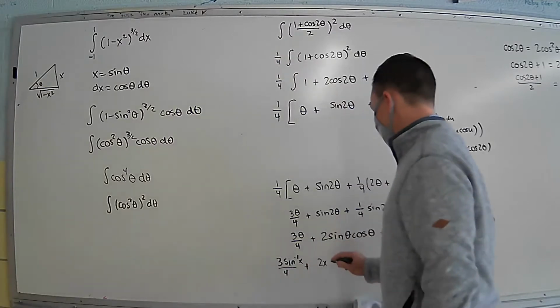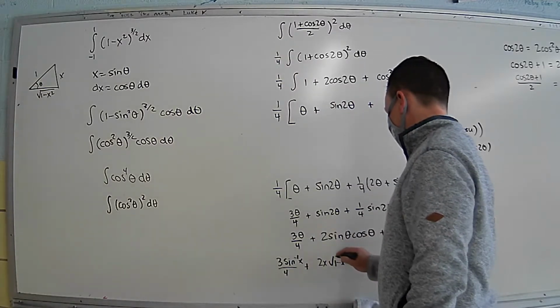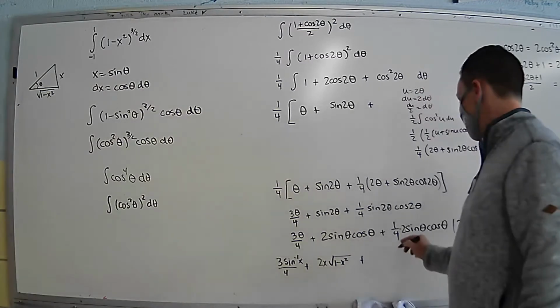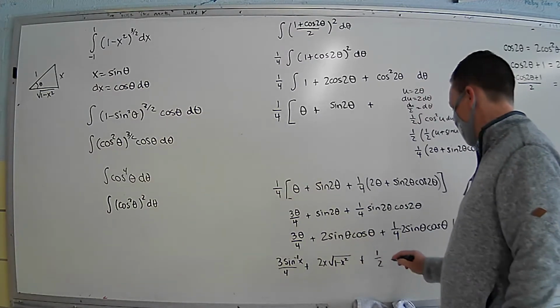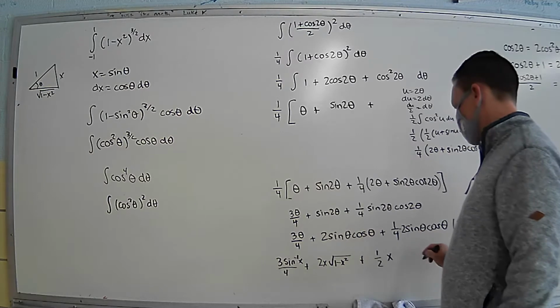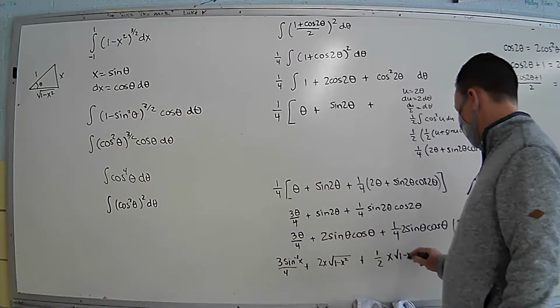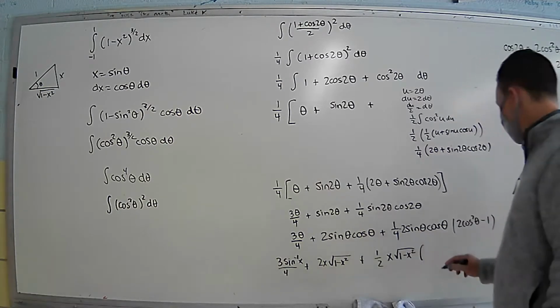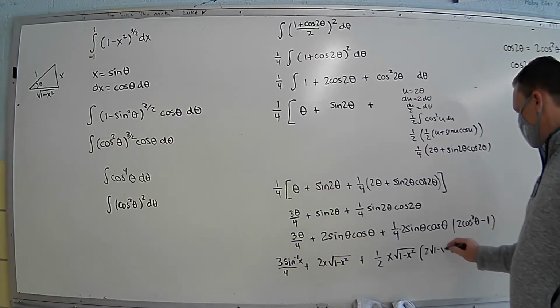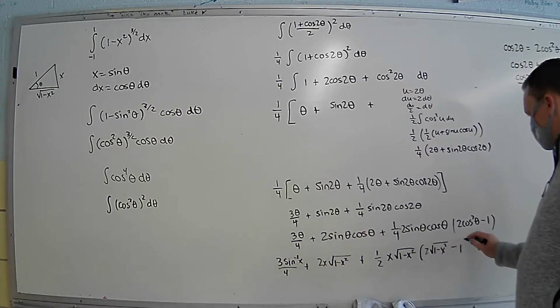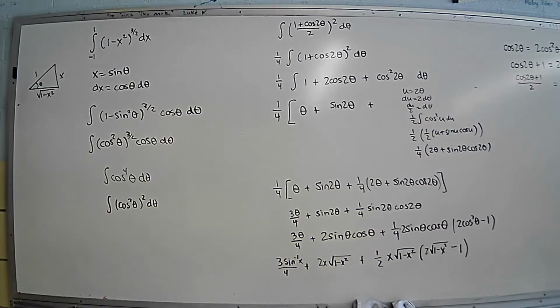Cosine theta is equal to radical 1 minus x squared, plus 2/4, 1/2, sine theta is equal to x, cosine theta is equal to square root of 1 minus x squared times 2 radical 1 minus x squared minus 1. I'm sure that simplifies. Now we have to evaluate that from -1 to 1.